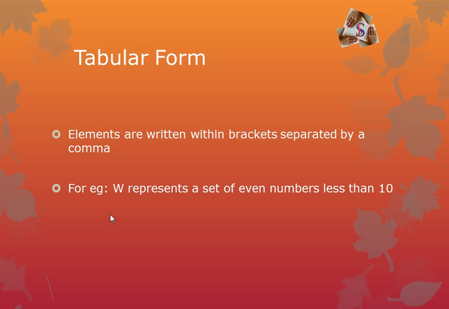For example, W represents the set of even numbers less than 10. So we write it as W is equal to, we put them within brackets, 0, 2, 4, 6, 8. And this is how we write it in tabular form. So in tabular form, we list out the elements that belong to the set.